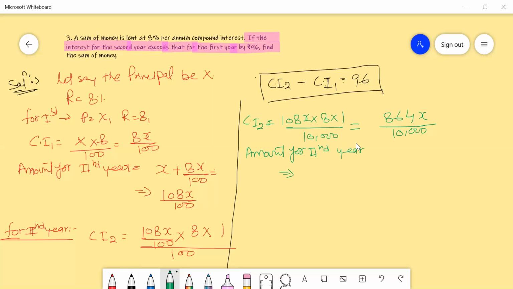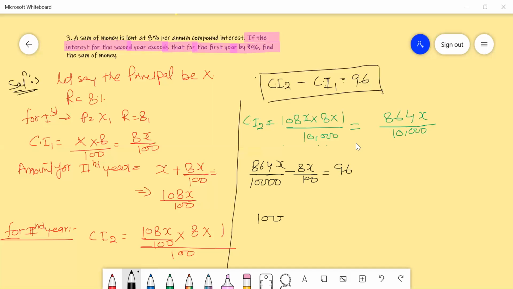But we do not need to calculate that here, because we simply have to say that if the interest for second year exceeds that for the first year, we have to calculate the value of CI2 and CI1. So CI2 is 864x upon 10,000, minus CI1 which is 8x upon 100, is equal to 96.